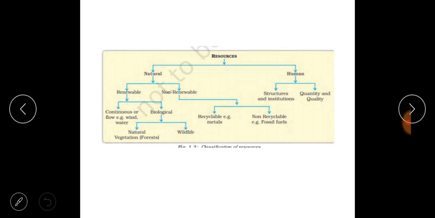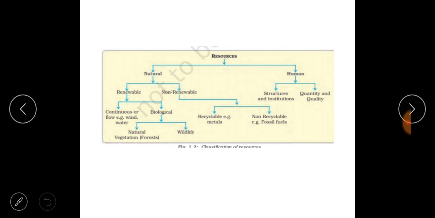Now, look at this picture. Resource is divided into two types: natural and human. Natural is further divided into renewable and non-renewable. Human is divided into structural or institutions, quality, and quantity.